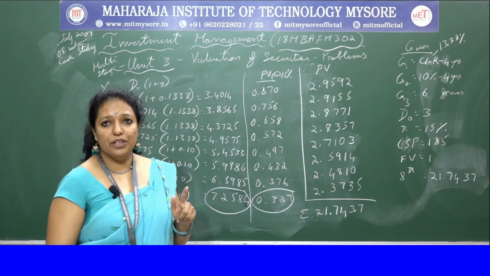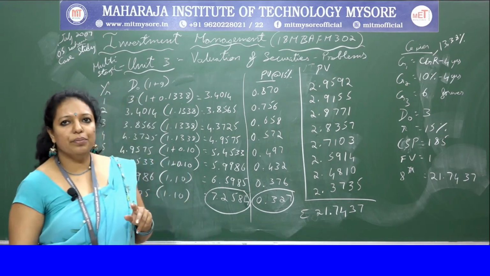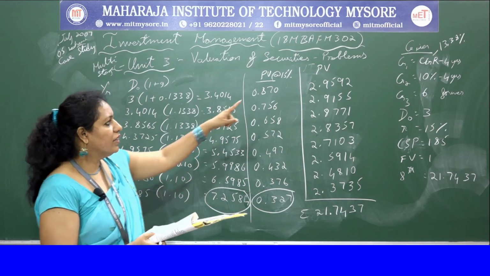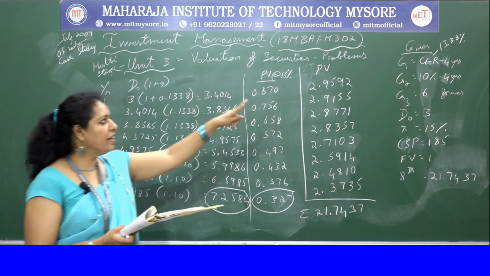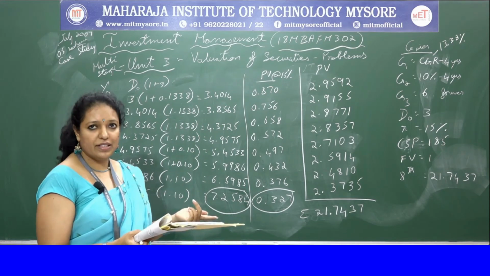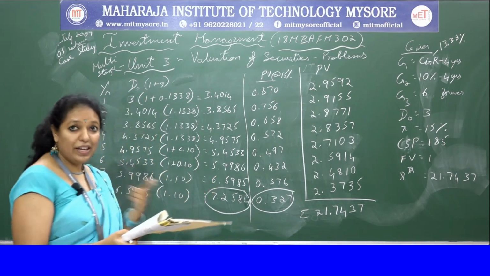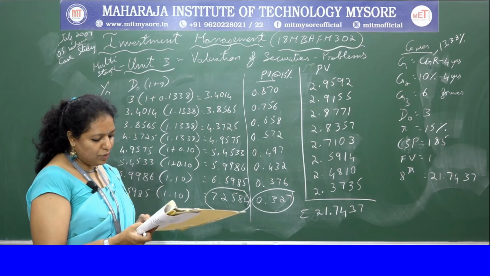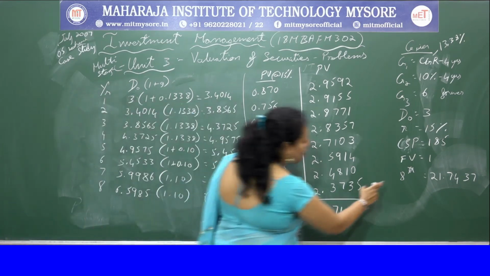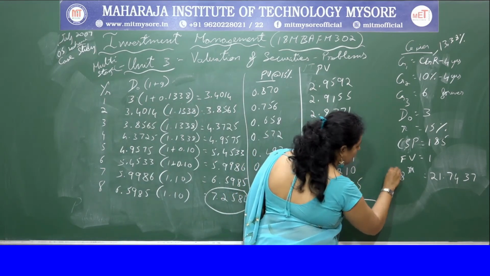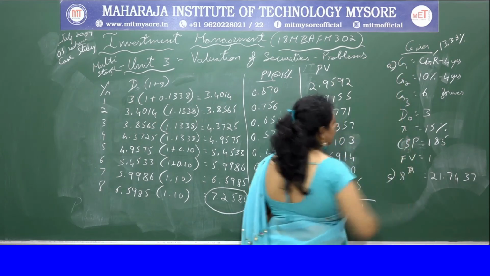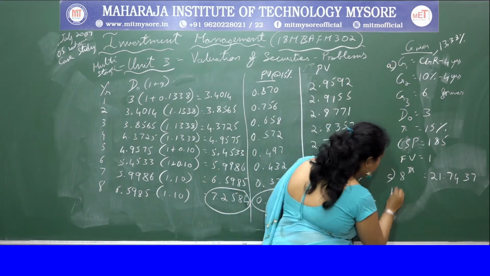So in the question paper, you all just see the question: assuming constant growth model, calculate the expected growth rate of the current price, which we have calculated as 13.38%. Next, calculate the present value of future dividend scheme. So future dividend scheme we are calculating. Calculate the present value of the price of the share at the end of 8 years. So at the end of 8 years, this is question number C. Okay, this is question number A, and B we need to calculate it.